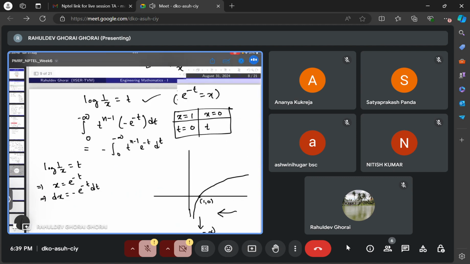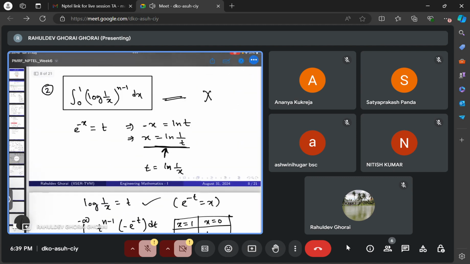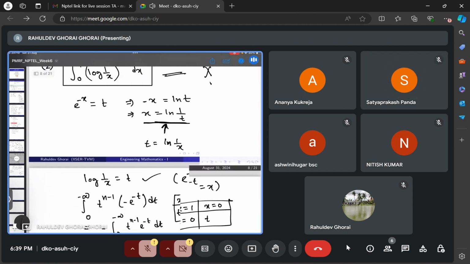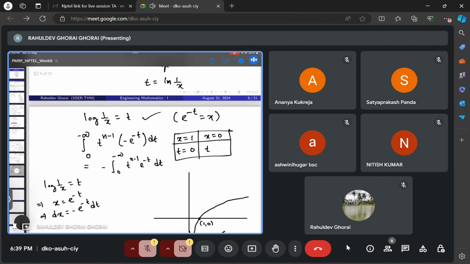Anyone have any idea here? So what should we do? No, sir. The solution is telling that it will be gamma n, but I think there will be some mistake because they assume that this is 0 to infinity.